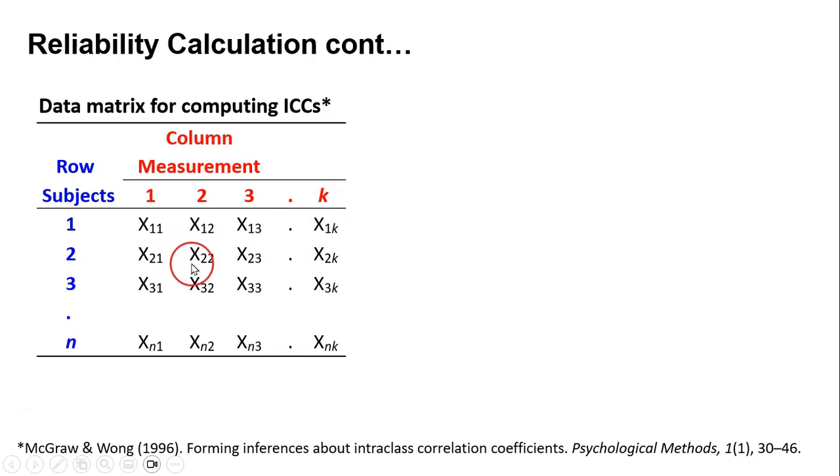So each row is the subject responses across the different measurements. And then each column represents all the subjects' responses for a particular measurement time or a particular rater, etc.